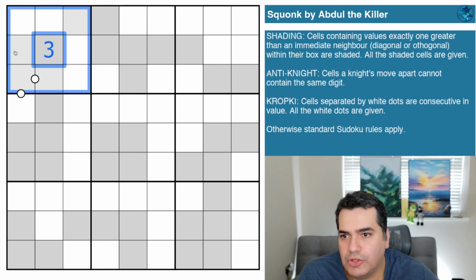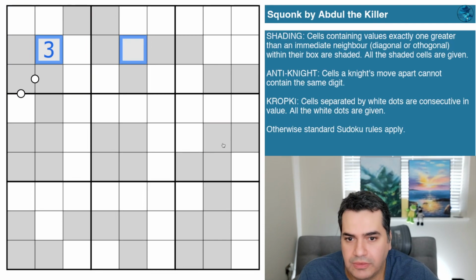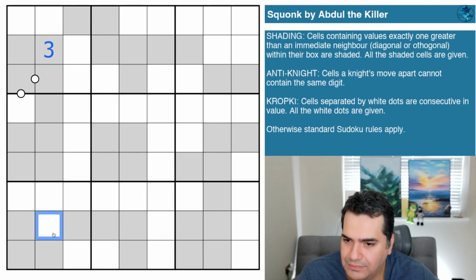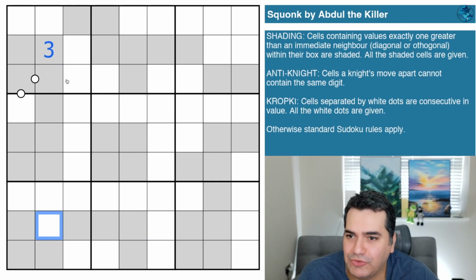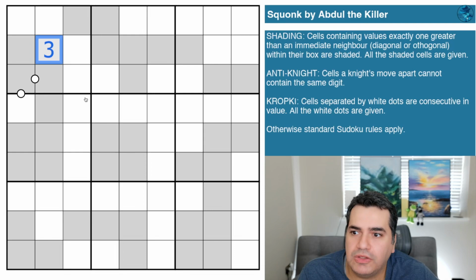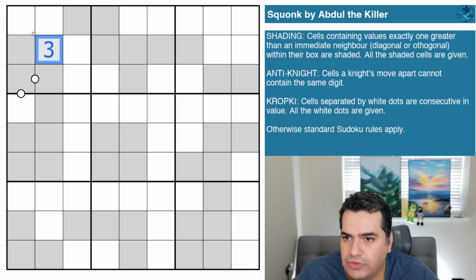Whatever ends up being in the center, you can pretty much guarantee, unless it's a 1, that somewhere connected to it is a digit that is exactly one less than it. So if that's a 3, somewhere around here is a 2.